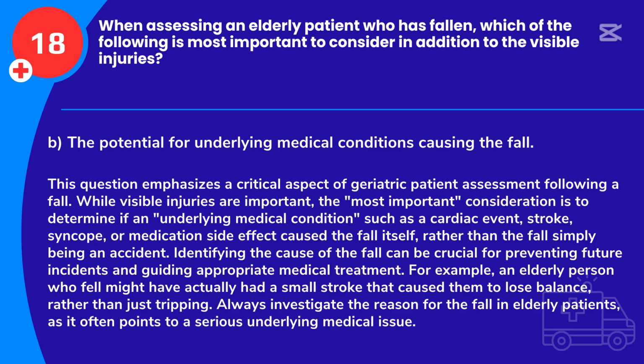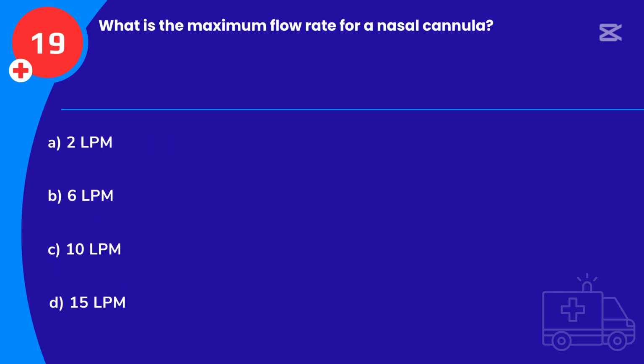Identifying the cause of the fall can be crucial for preventing future incidents and guiding appropriate medical treatment. For example, an elderly person who fell might have actually had a small stroke that caused them to lose balance, rather than just tripping. Always investigate the reason for the fall in elderly patients, as it often points to a serious underlying medical issue.